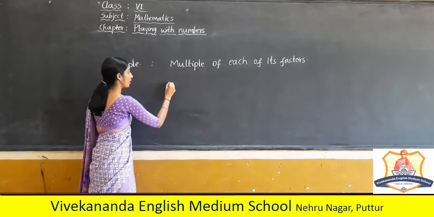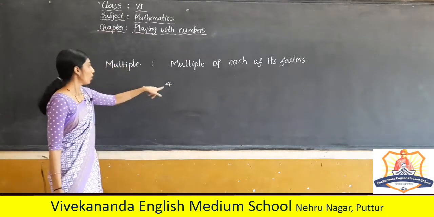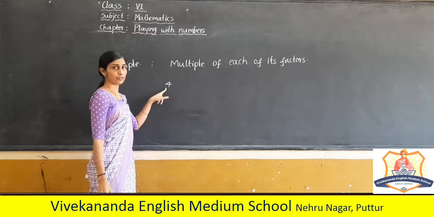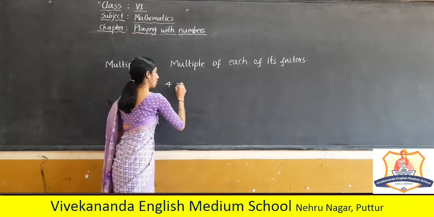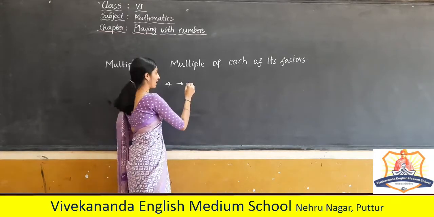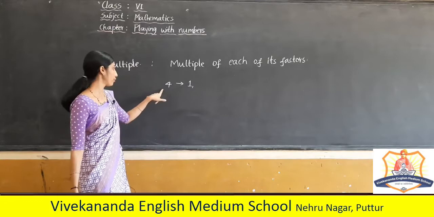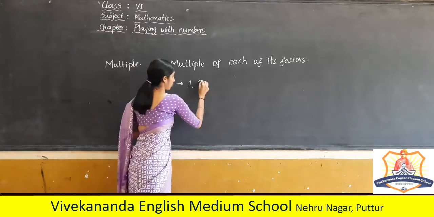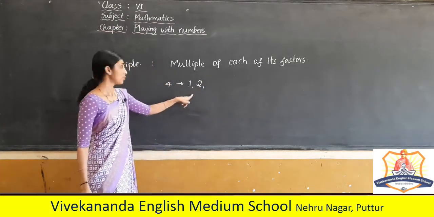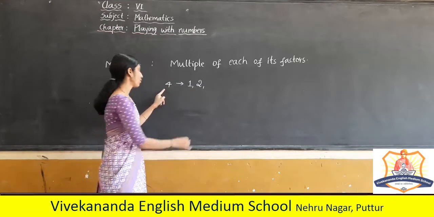If I take number 4, what are the factors of number 4? Yes, 1 can divide 4 exactly without any remainder. So, 1 is a factor of 4. 2, yes, of course. 2 is an exact divisor of 4.